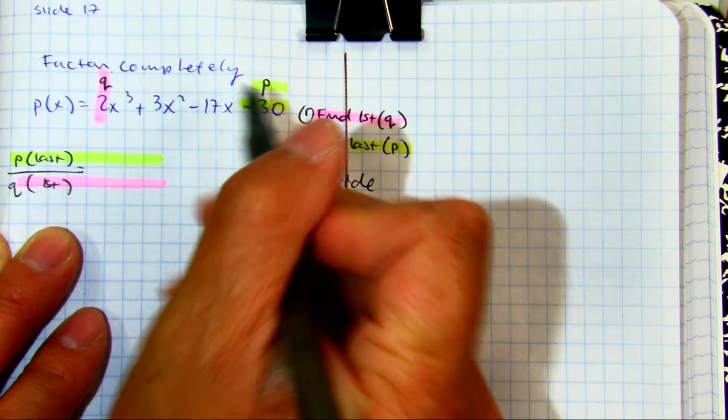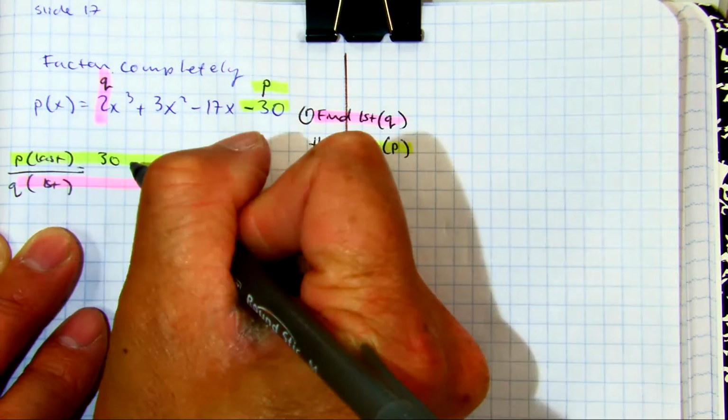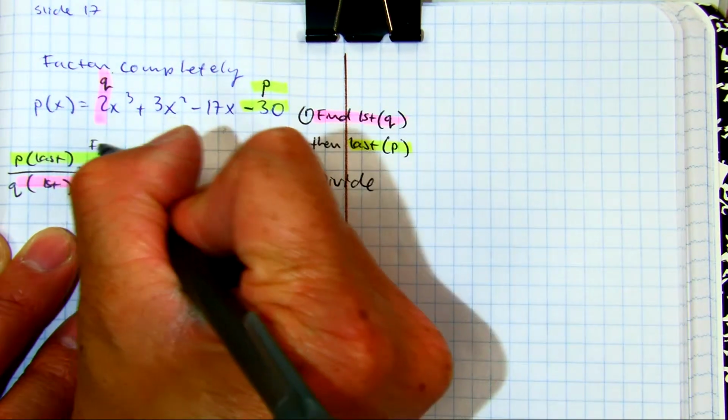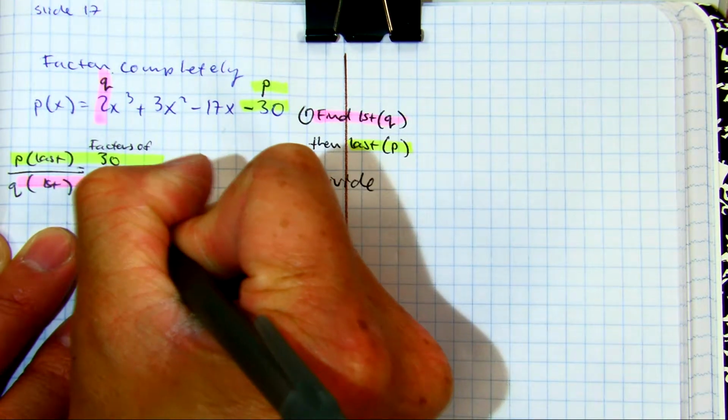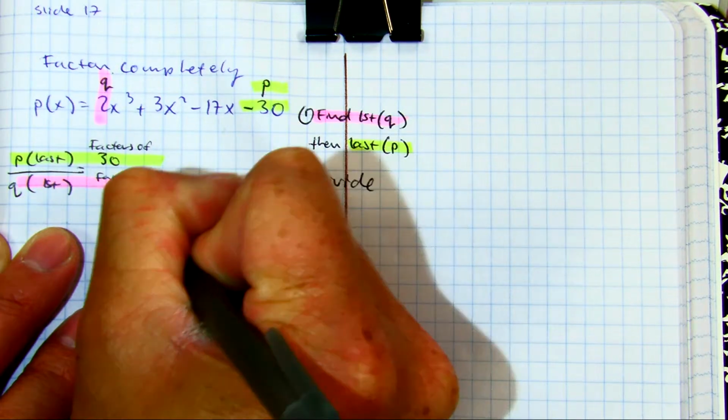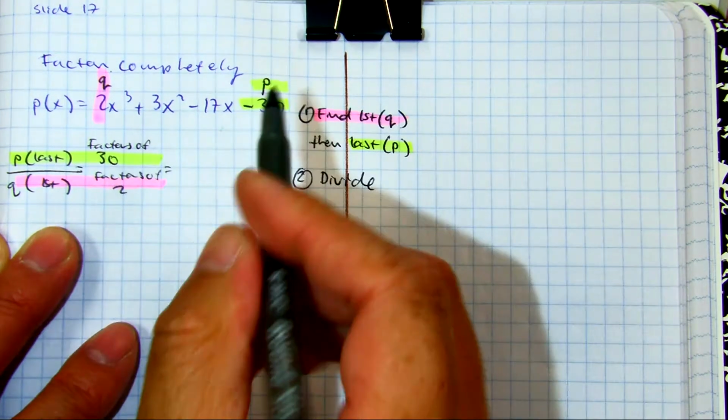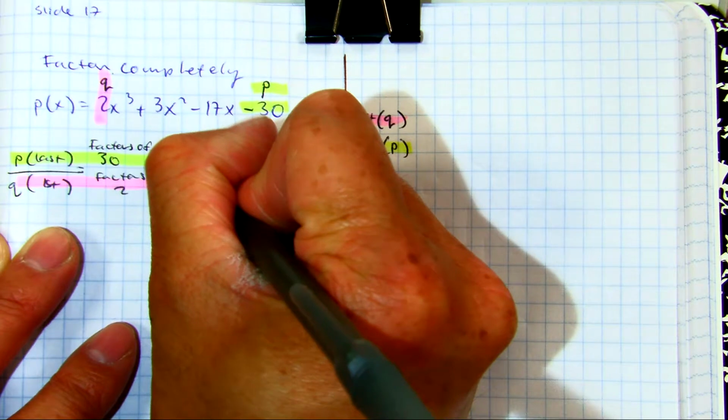So our P value is all the factors of 30. And this is going to be factors of 2. Okay. Get ready for lots of fun.